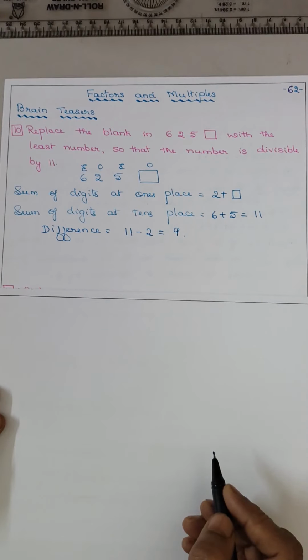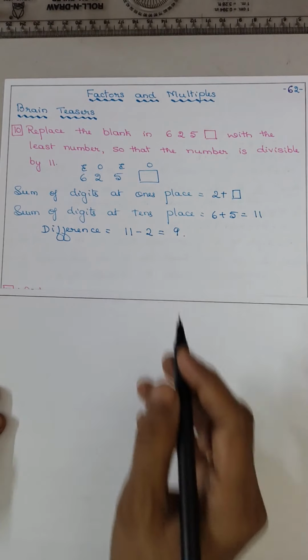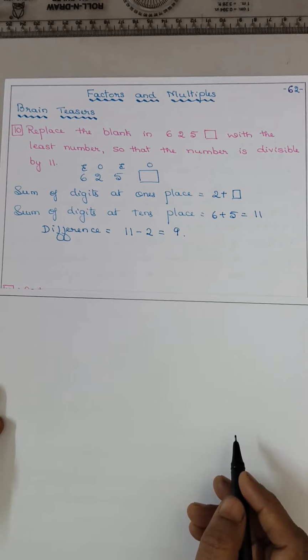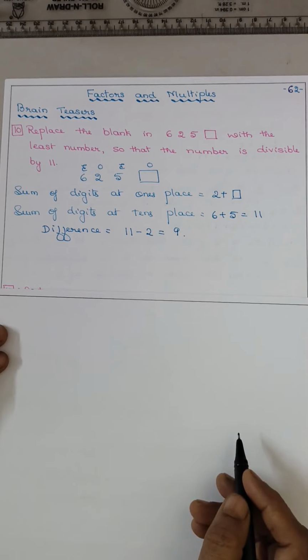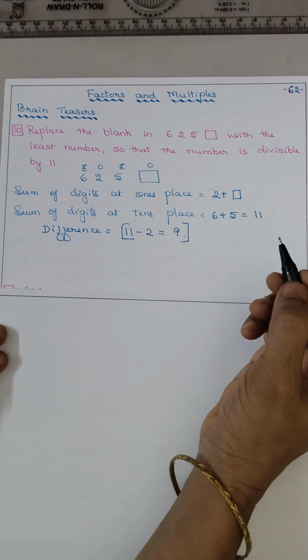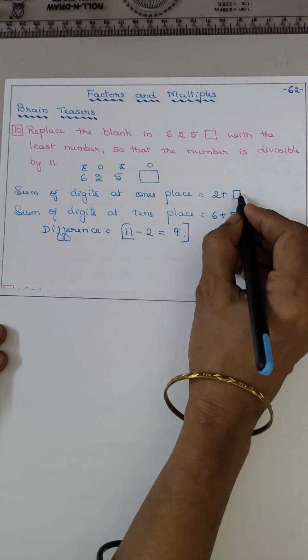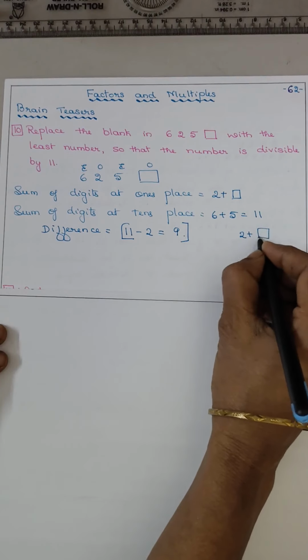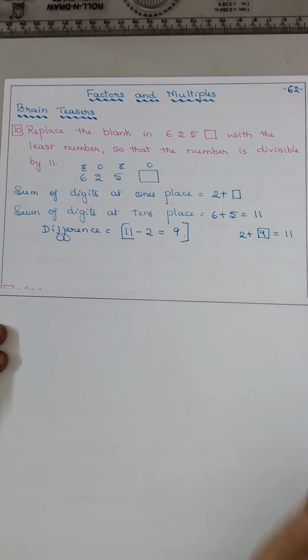Hope you understood. Then you will get the difference between the digits at ones place and the tens place as 0. Yes or no? So if you put here 2 plus 9 is equal to 11.